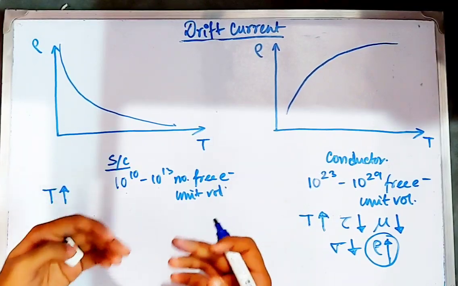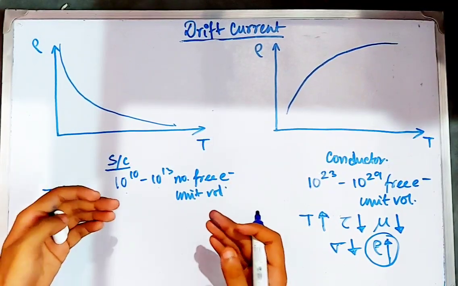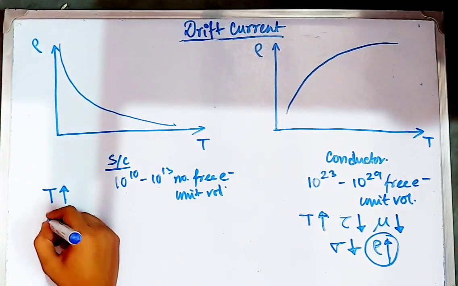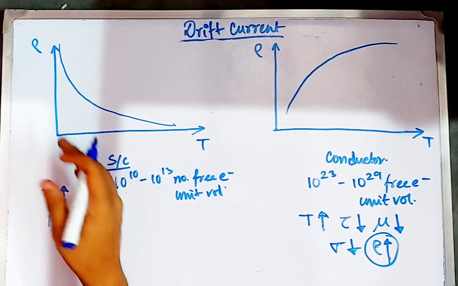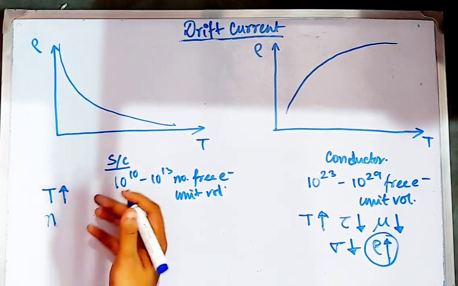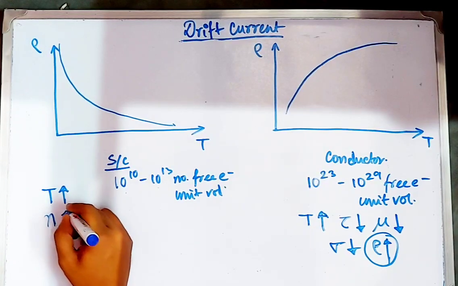That means the charge carrier density will get increased due to the increase in temperature. If I consider it as an n-type material, then of course the density of electrons will get increased.